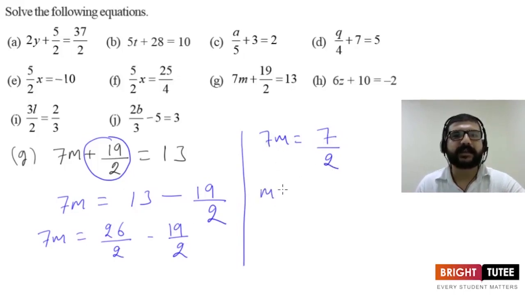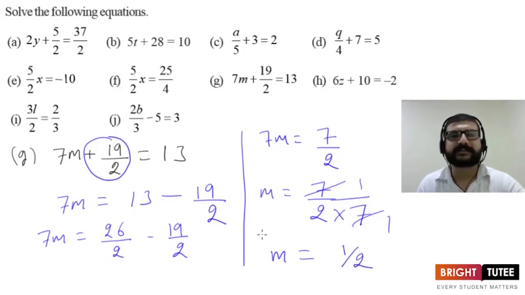So we will get m is equal to 7/2. Now 7 is multiplied with m, so it will come in division. So we will write this in denominator. Now let's simplify this. We can cancel this 7 with this 7. So finally we will get the value of m as 1/2. Therefore, we can say the solution of the equation is m is equal to 1/2.